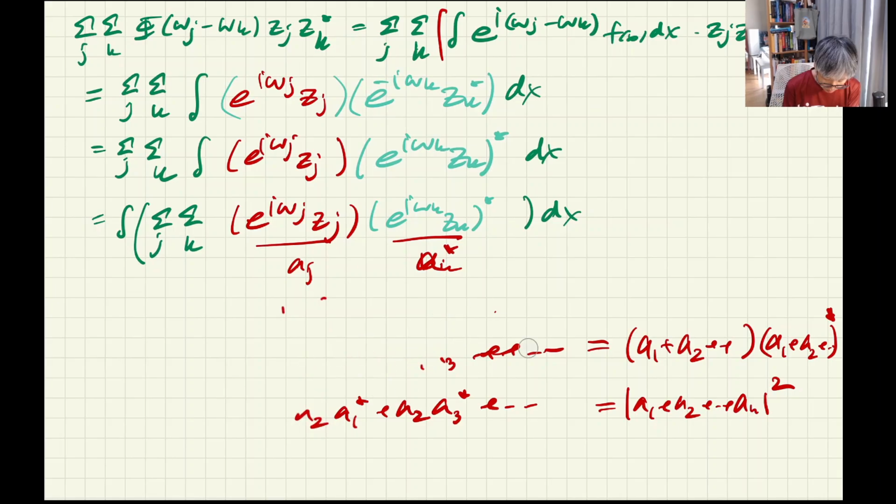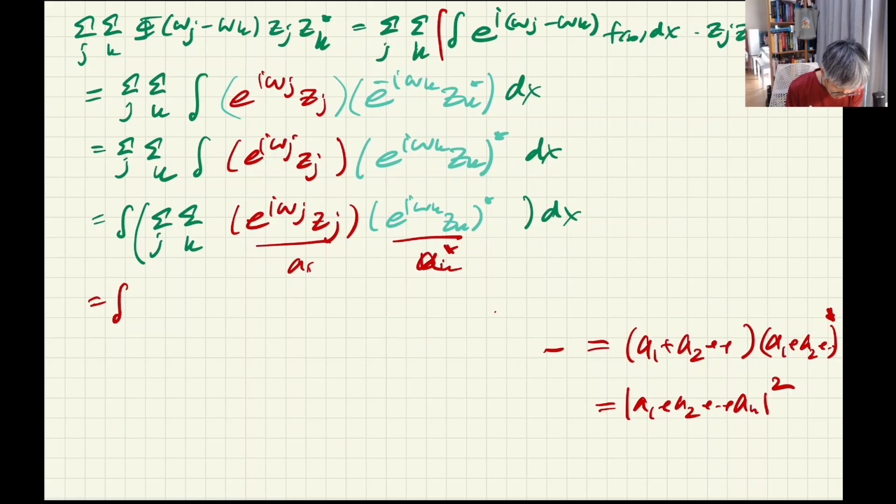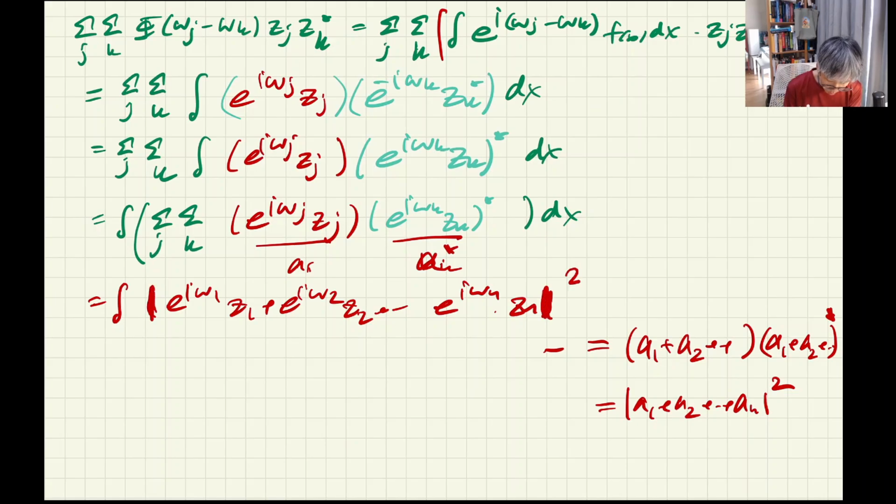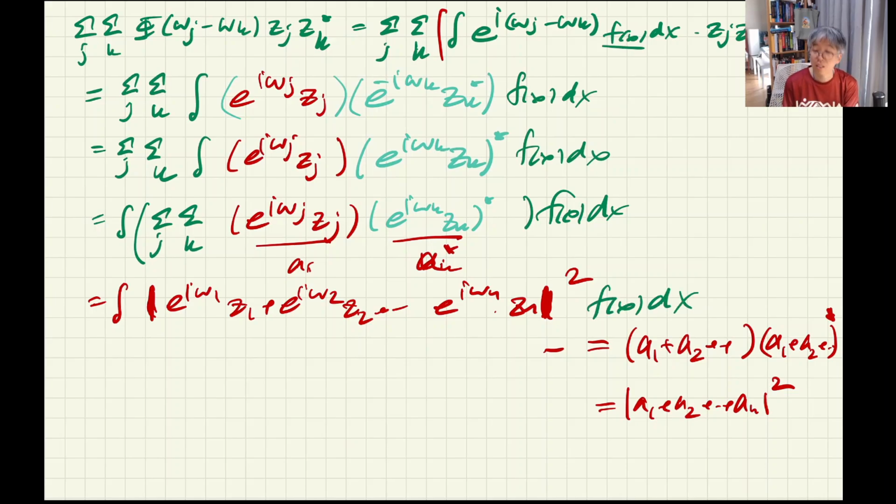So this double sum I can write by replacing a with e to the i omega 1 z1 plus e to the i omega 2 z2 dot dot dot e to the i omega n zn, modulus squared. I think I missed fx dx. Okay, until this term I have fx dx.